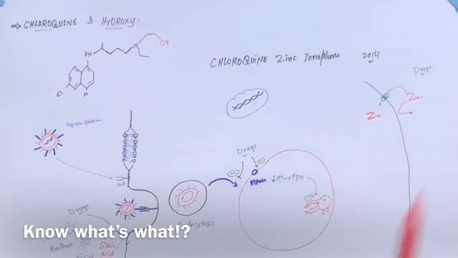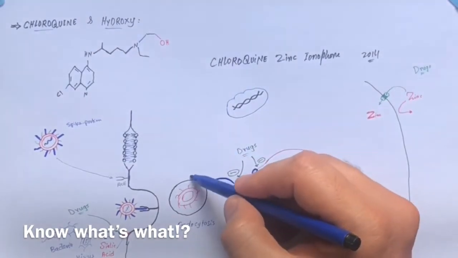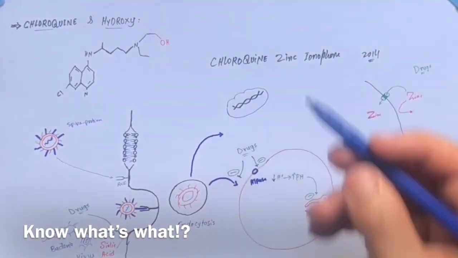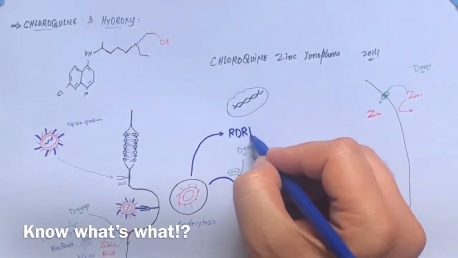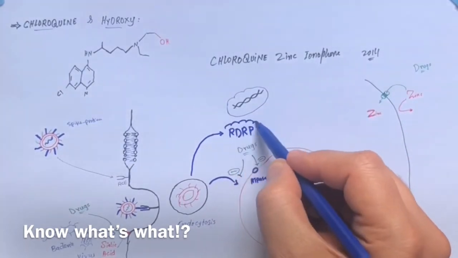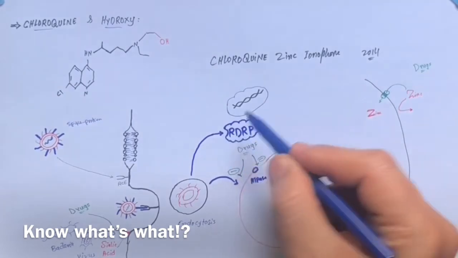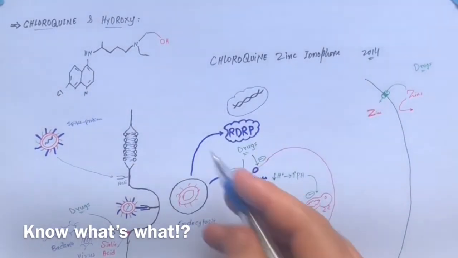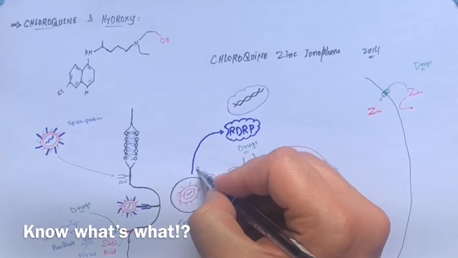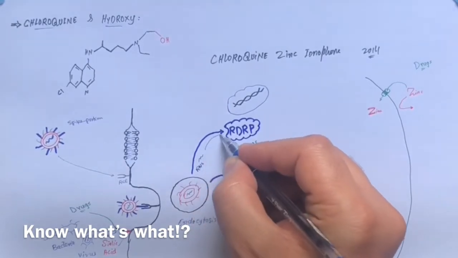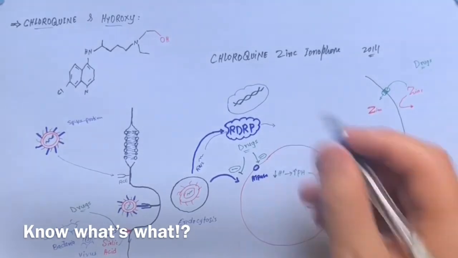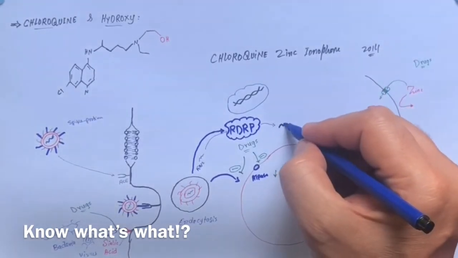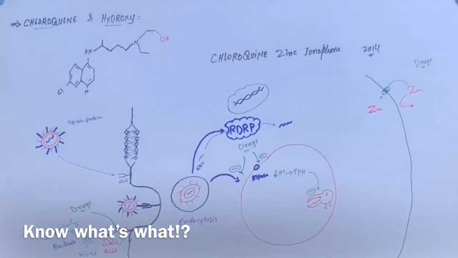Now, when a virus enters the cytosol and infects the cell, it releases its RNA, and this RNA is translated by RNA-dependent RNA polymerase, RdRp. Now, the viral RNA, once translated, will make more copies through the RdRp, and these new copies will leave the cell and become the new virus, right?